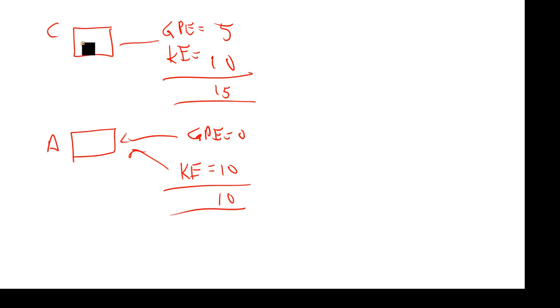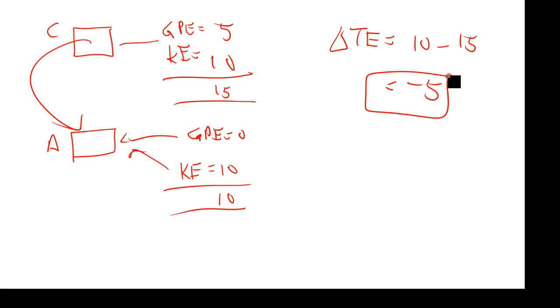So, when moving from C to A, what happened to the total energy? It decreased, right? Change in total energy equals final minus initial, which is 10 minus 15, equals negative 5. If the total energy decreases, the external party must have done something to reduce the total energy.